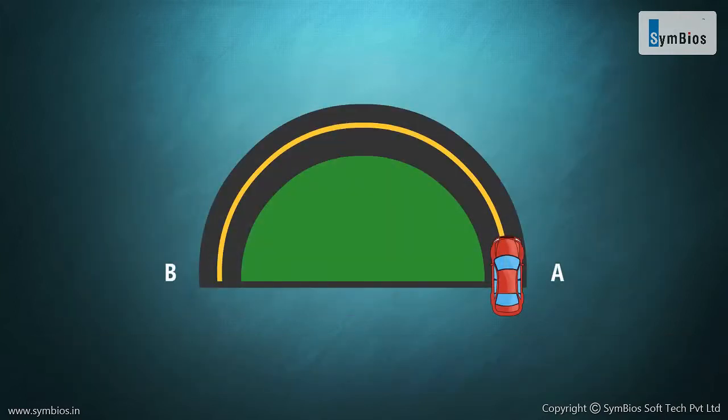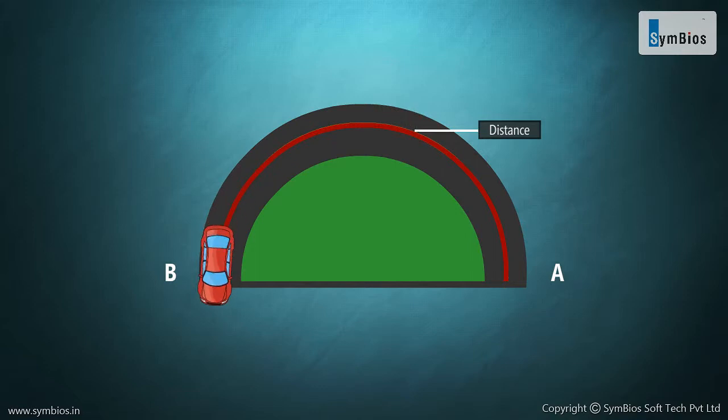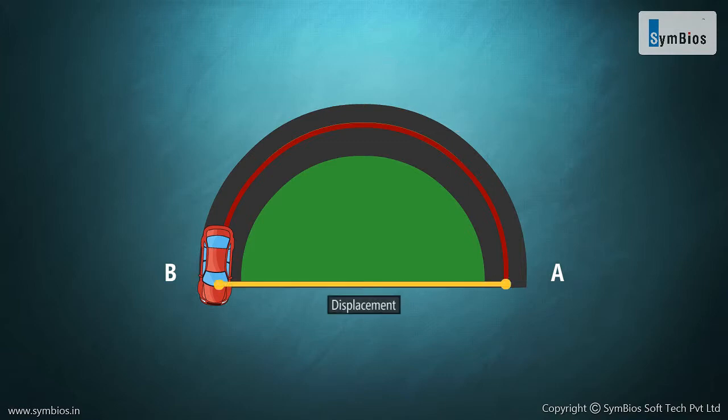Distance is a scalar quantity that refers to the total length covered by an object from the reference point A to arrive at the final position B, irrespective of the direction. Displacement is a vector quantity that refers to the change in position of a moving object in a particular direction.